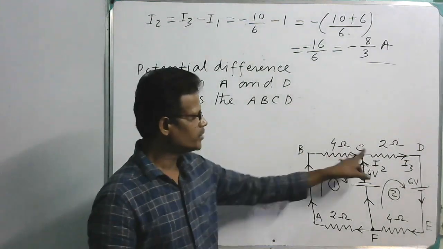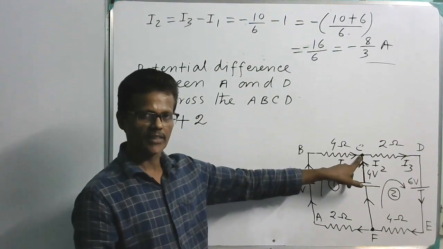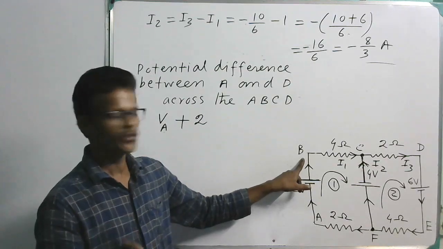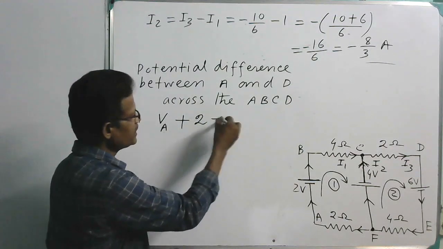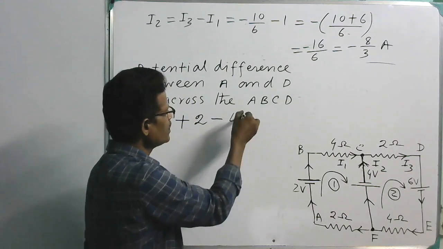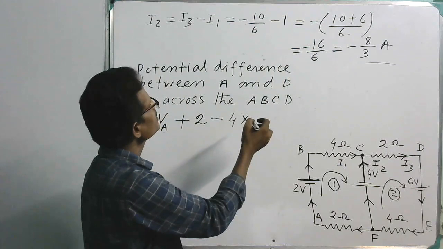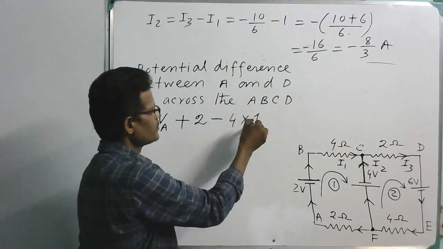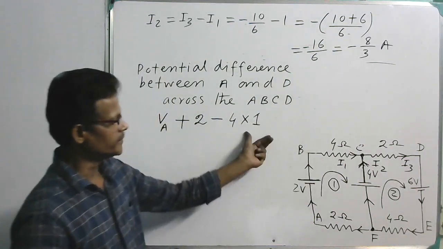Then you are moving from B to C. Potential at point C is less than the potential at point B, because current flows from higher to lower potential. So you must write minus, because this is 4 into I1. It was 1 ampere only. So 4I1, 4 into 1.